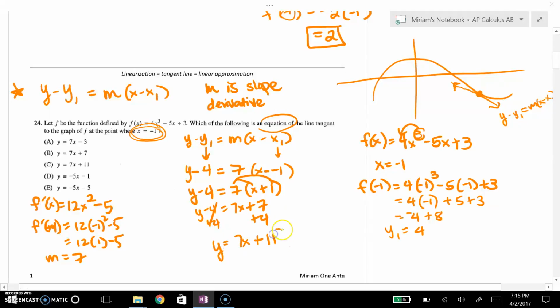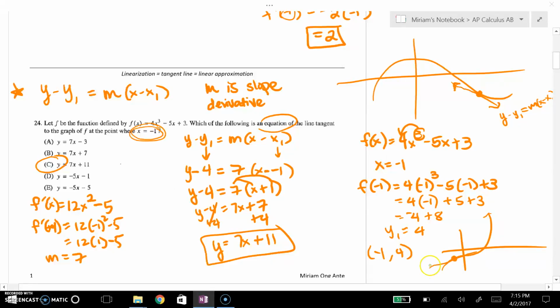And then I have 7x plus 11. This means that at the point negative 1, comma 4, let's pretend that this is the curve. Negative 1 comma 4 might be right here. If I drew a line tangent to that dot, then this line has the equation y equals 7x plus 11.